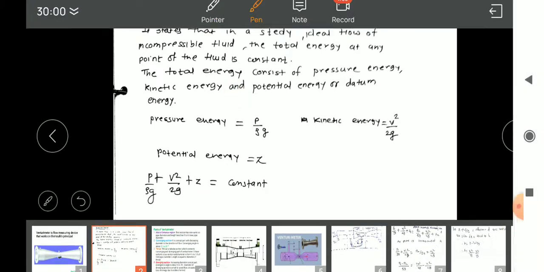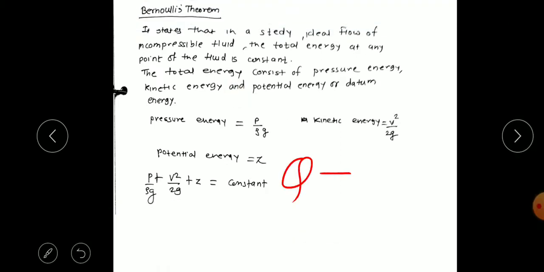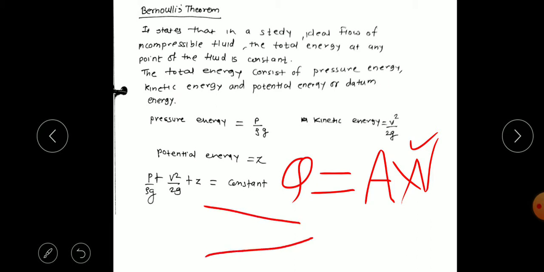Again, we know the discharge equation is Q is equal to area into velocity. For a given discharge, we can find the velocity from Q is equal to area into velocity. So if the area goes on decreasing along the flow, here the diameter is large, here the diameter is small, so the diameter goes on decreasing along the flow. Here the velocity will increase.